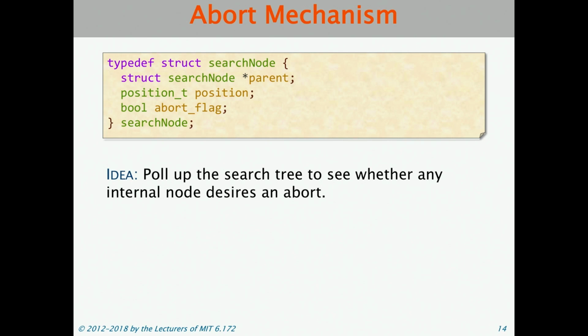So what you do is the abort can occur at any given node, saying I don't need to. You get a beta cutoff. You want to abort all the children that wouldn't have been searched anyway. But they may have already been spawned off. So you have a record in each node that tells you whether or not you've aborted.